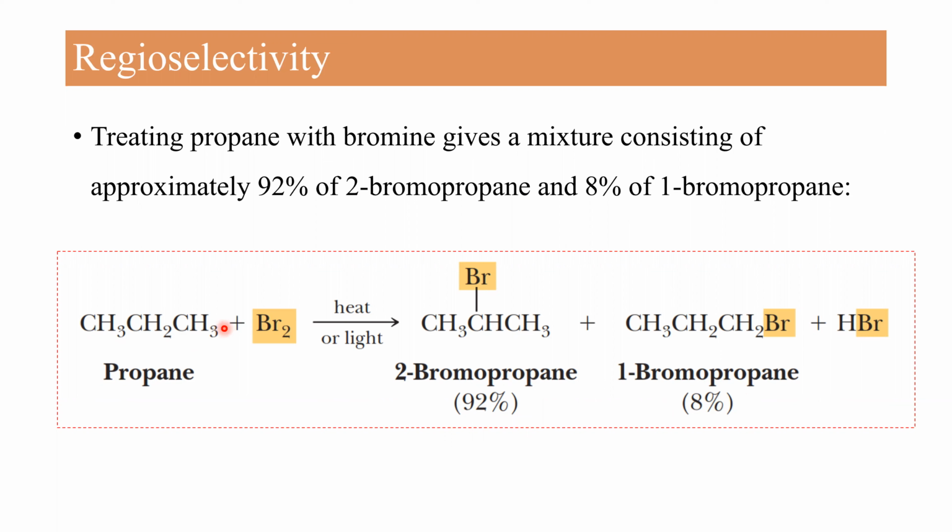Why is it so? Because if you look at both terminal sides, the ending sides of this propane, both of these carbons are primary and have primary hydrogens, while the central carbon is the secondary carbon, and the hydrogens attached to that carbon are secondary hydrogens, right?